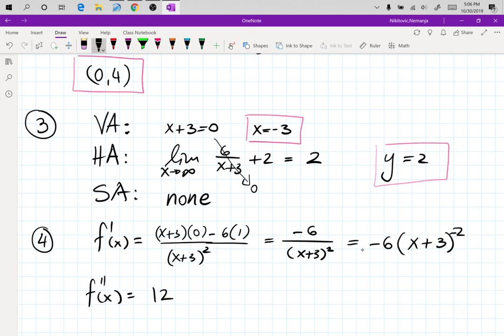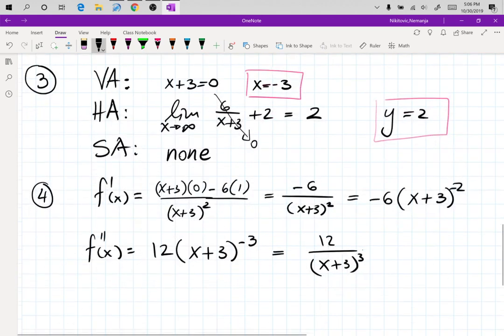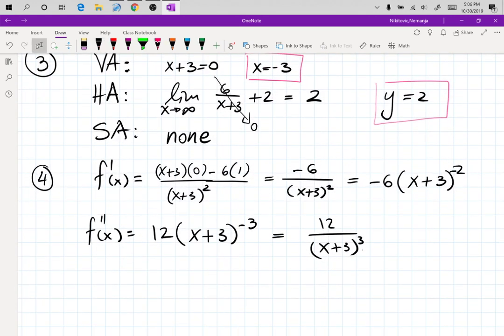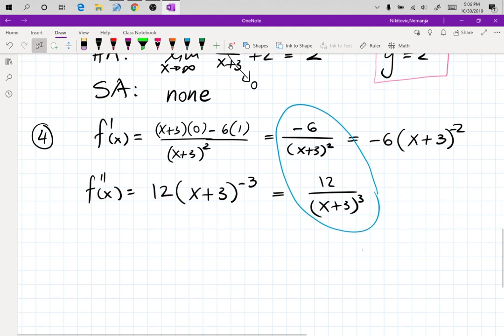That's going to be positive 12 (x plus 3) to the negative 3, and you can write it as 12 divided by (x plus 3) cubed. So now you have your first and your second derivative. I am going to put the blue box around the parts that are the easiest form for you to set them equal to 0. Cool.